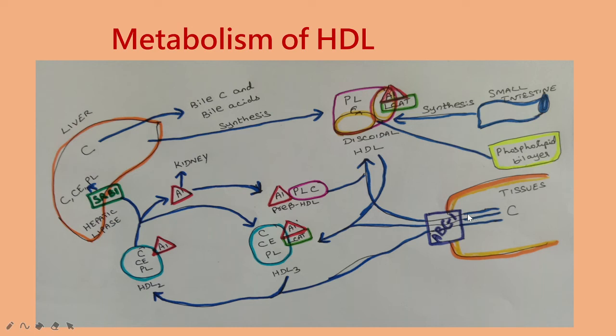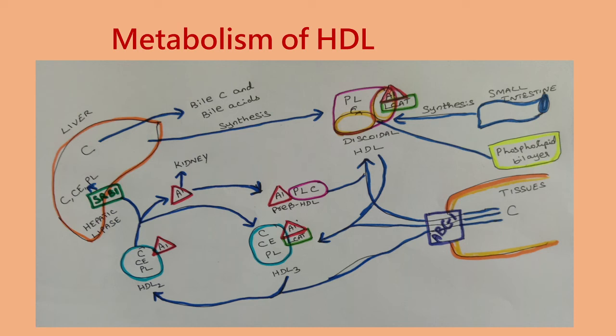As a summary, HDL is synthesized from the liver. The newly synthesized nascent HDL is called discoidal HDL, which consists of discoid phospholipid bilayers and some free cholesterol, which will be released into the blood by exocytosis.